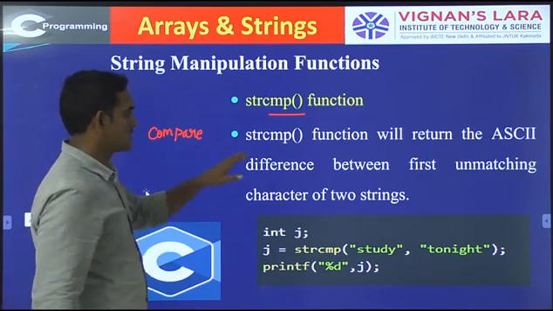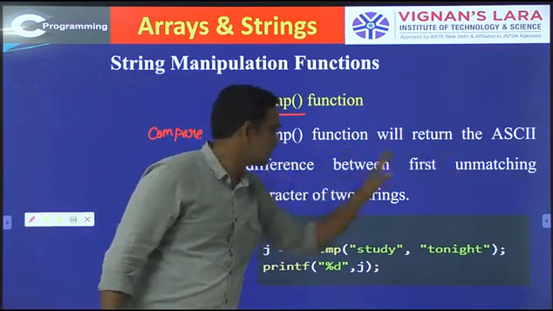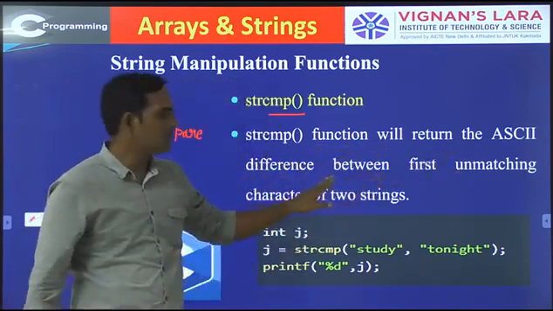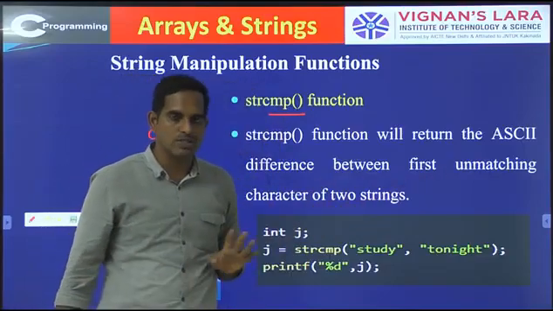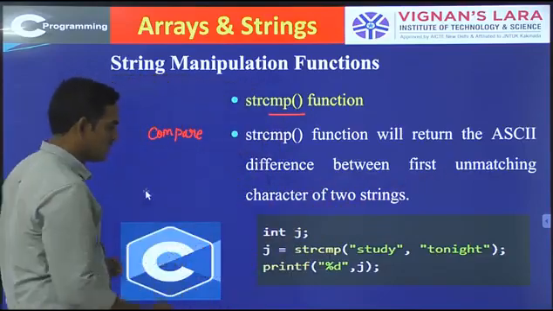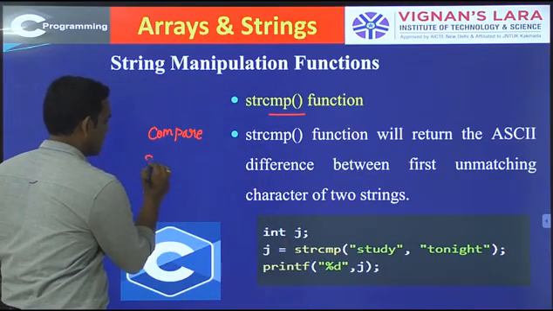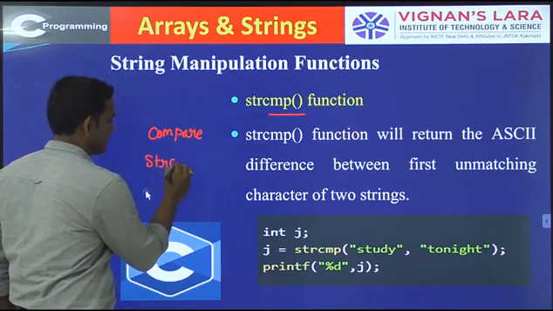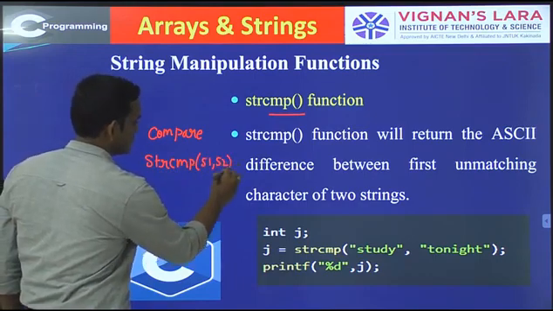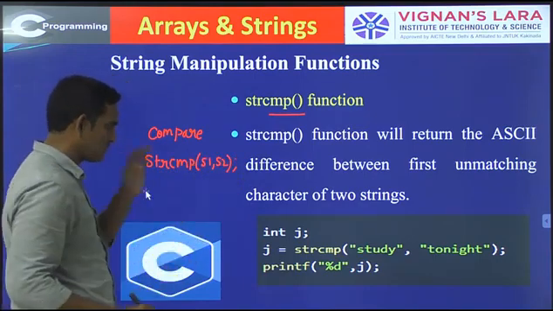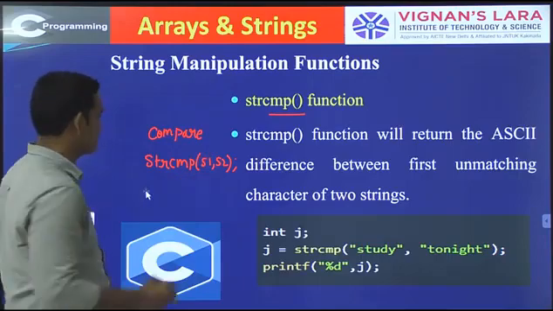The string compare function will return the ASCII difference between the first unmatching characters of the two strings. So we will have strcmp S1, S2, where you compare two strings.